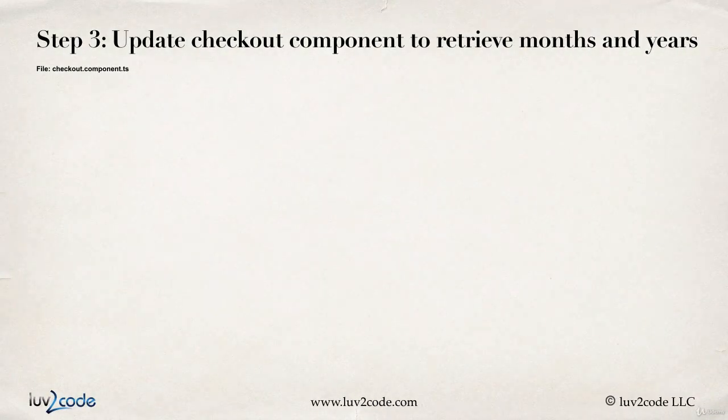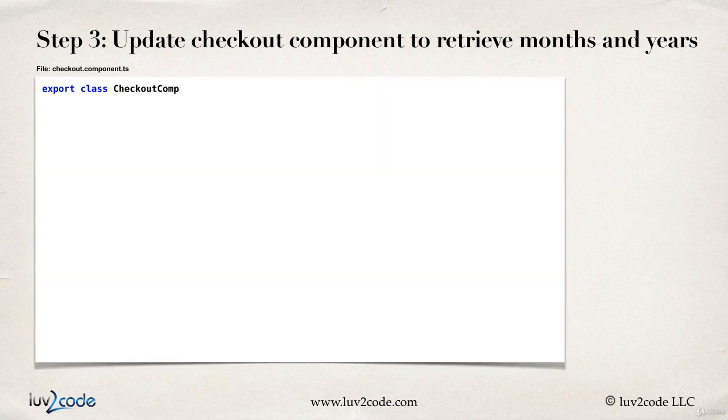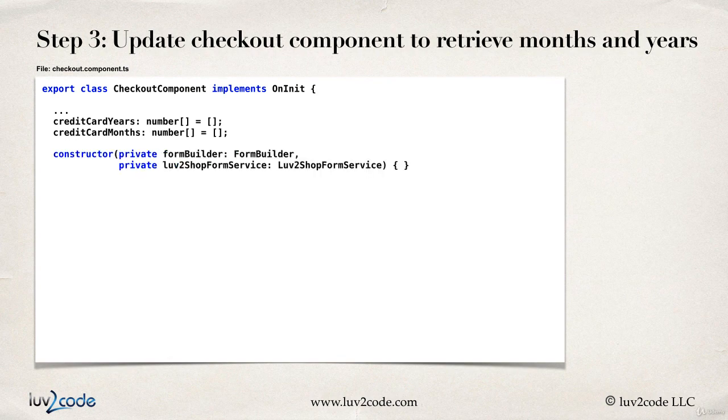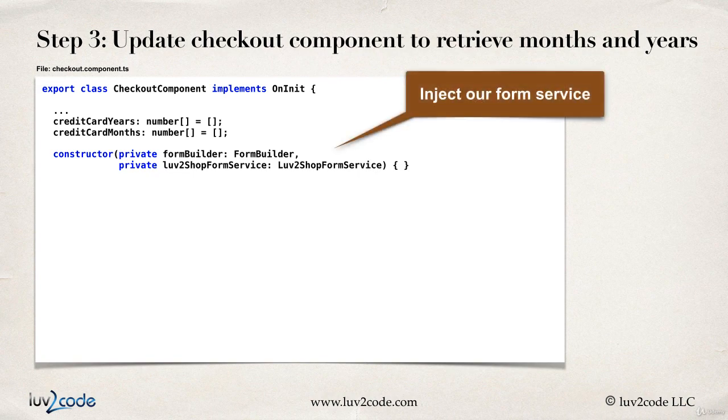So now let's go ahead and move to our Angular component in step three, and we're going to update our checkout component to retrieve the months and the years. We just set up some empty arrays up top for credit card years and credit card months. For our constructor, we inject our service that we created previously, our Luv2ShopFormService.